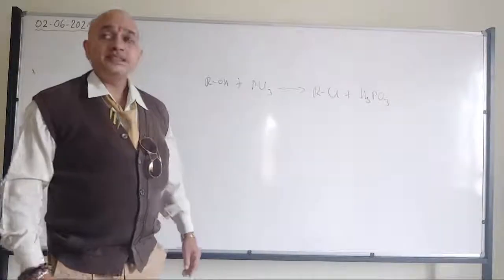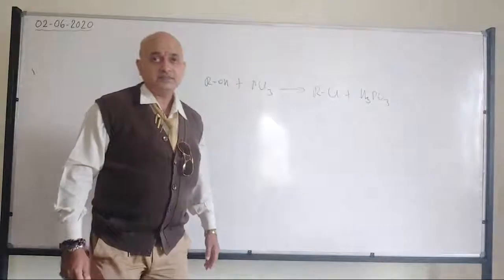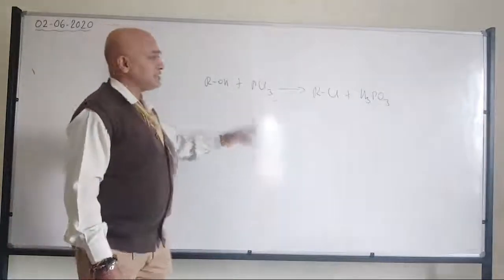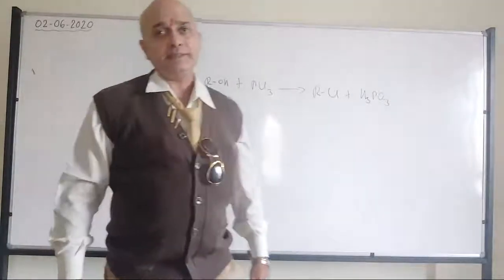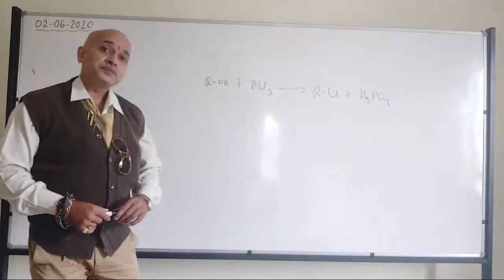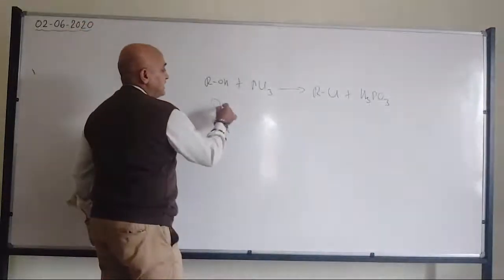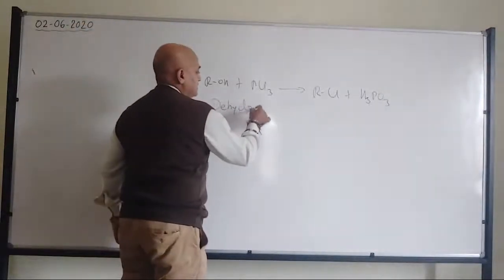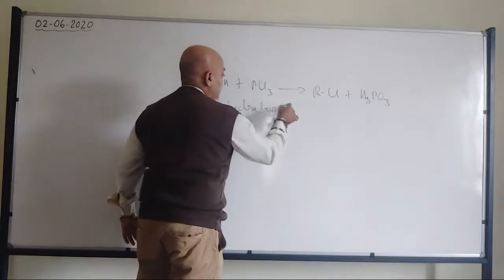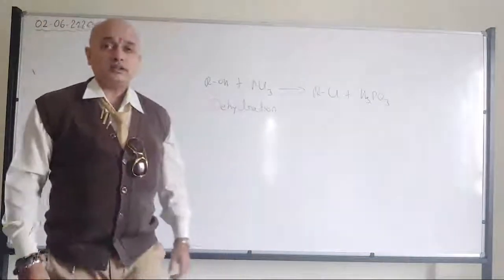If I take PCl5, it will be orthophosphoric acid, right? That is the reaction with respect to PCl3. Next, we discussed dehydration, with respect to the mechanism also, the dehydration of alcohol.